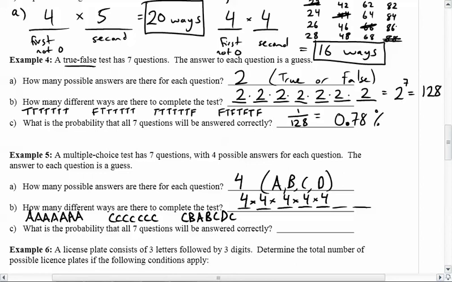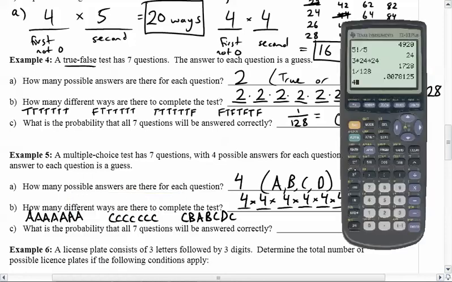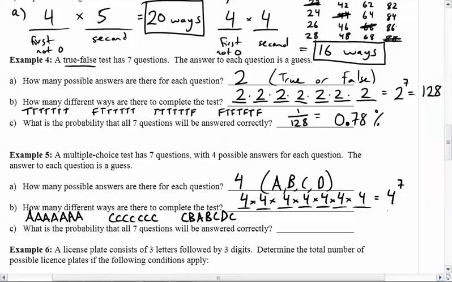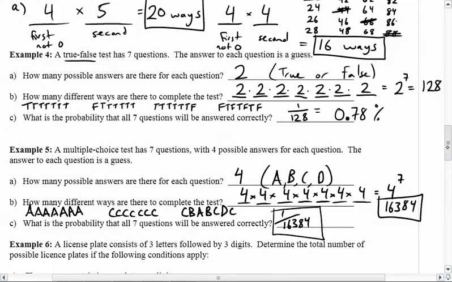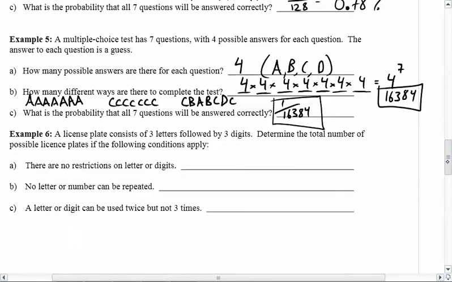Each question has 4 possible answers. So there's 4 to the power of 7 ways that I could answer this test. 16,384. Wow. So I only have a 1 in 16,000 chance of guessing the right answer on a 7-question multiple choice test. Very, very small chance. I'm almost better off playing the lottery.